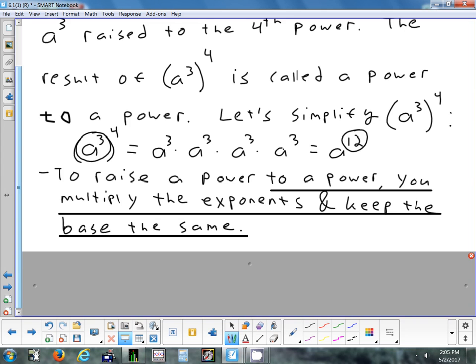So to raise a power to a power, multiply the exponents, keep the base the same. Now we have a rule where we add exponents sometimes, and a rule where we multiply exponents. We just have to keep those 2 rules straight.